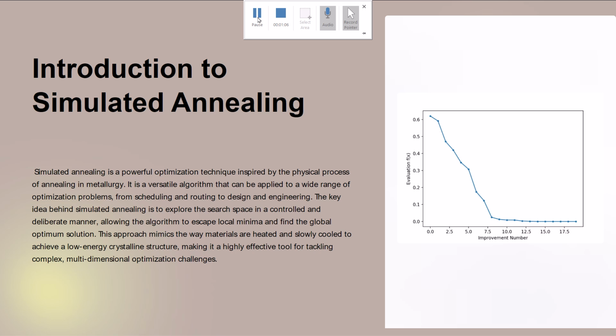In other words, simulated annealing is an optimization technique used to find the best solution to a problem. It's like trying to find the lowest point in a landscape with a lot of hills and valleys. Imagine you are blindfolded and placed in this landscape. You start at a random point and begin moving around, trying to find the lowest point.